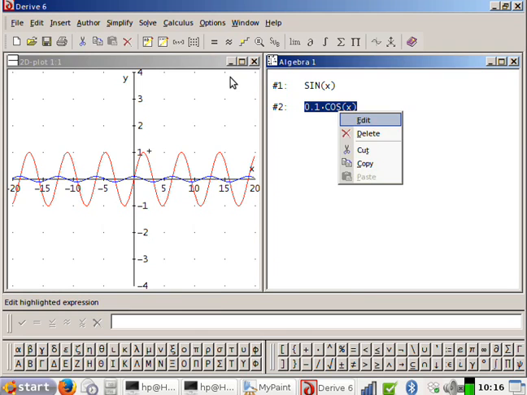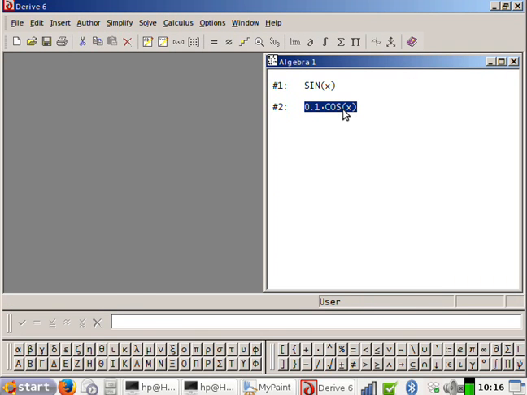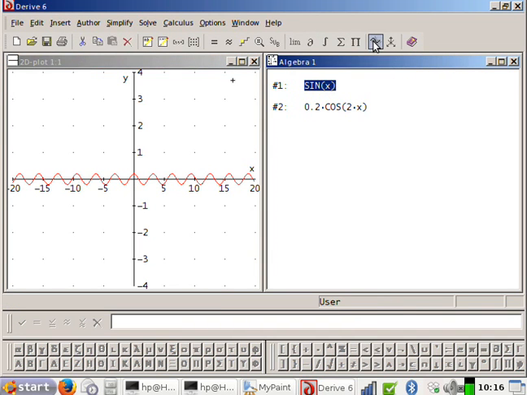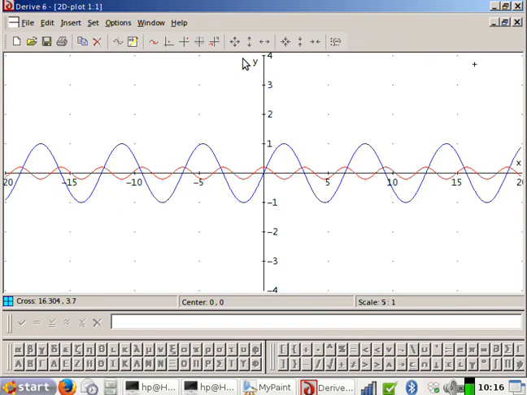Okay. Hang on. Let me show you one. That one there. So if I look at this, what's the red line doing? When it's positive, it will add to the blue line, and when it's negative, it will subtract from the blue line.